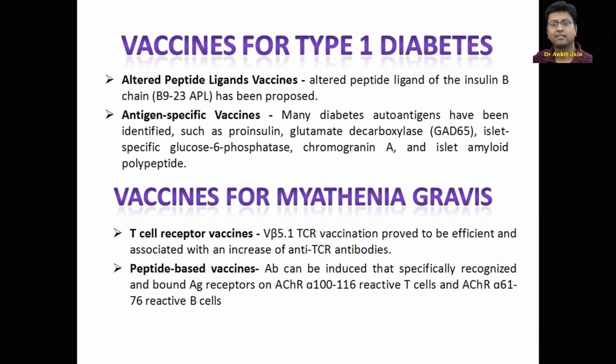Basically the acetylcholine receptor acts as an antigen, and here the acetylcholine receptor alpha 100 and 116 amino acids will be changed for the T cell, and acetylcholine receptor alpha 61 and 76 will be changed for the B cell.